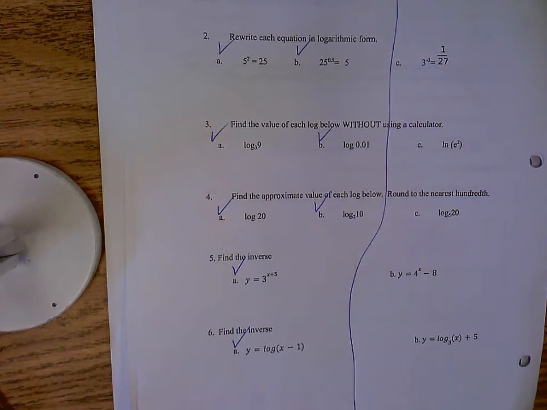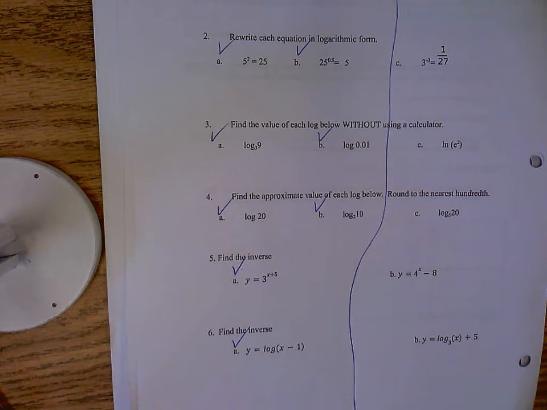So which one do you need help on, Katie? Because these are ones, find the inverse. So you switch x and y. So you write x equals 3 to the y plus 5. And then you rewrite it in log form. So the log with a base of 3 of x equals y plus 5.